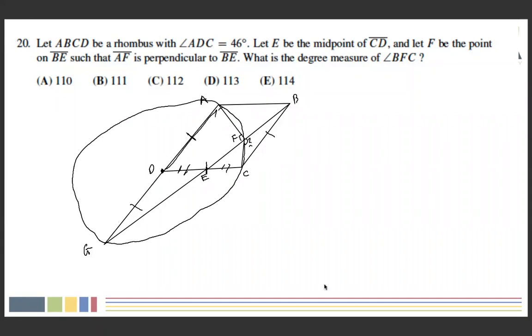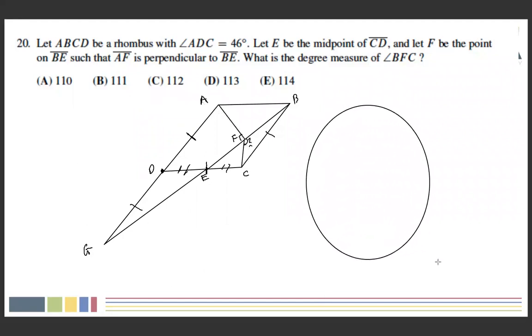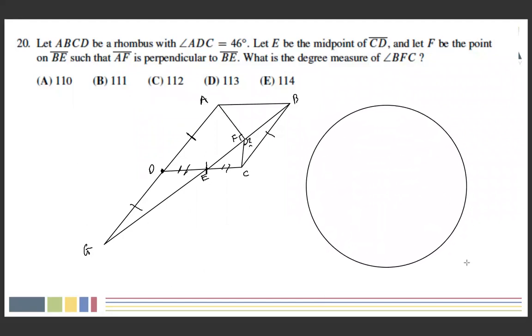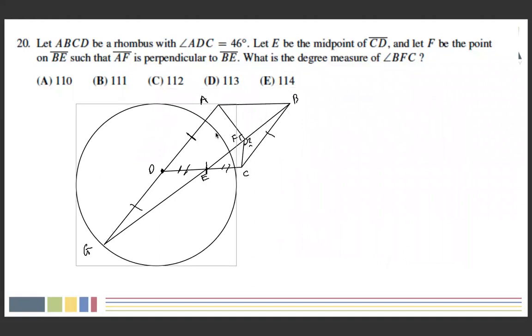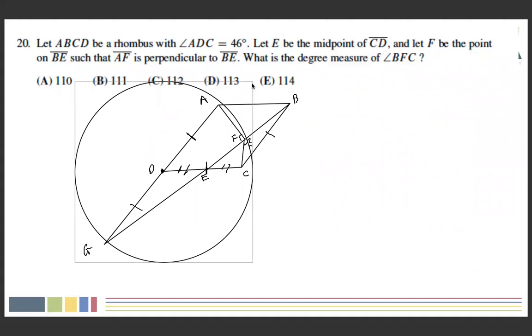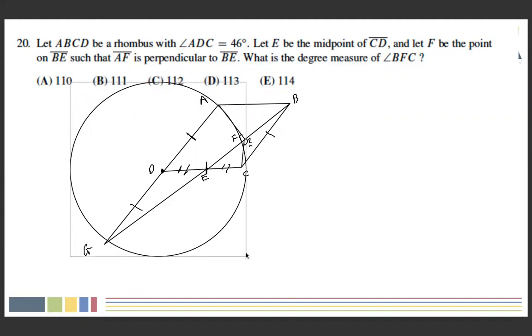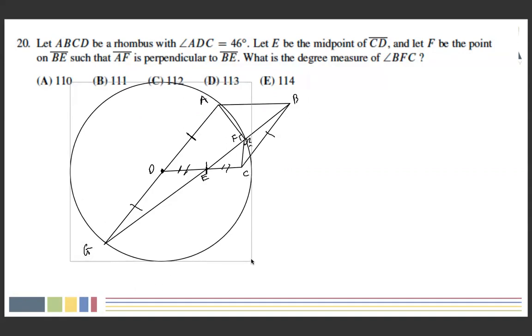And with this radius DA, I could try to draw a more precise circle, but that might be a little difficult. Let me try to give a better feel for it. This doesn't exactly pass through the points as planned, but it's close enough.